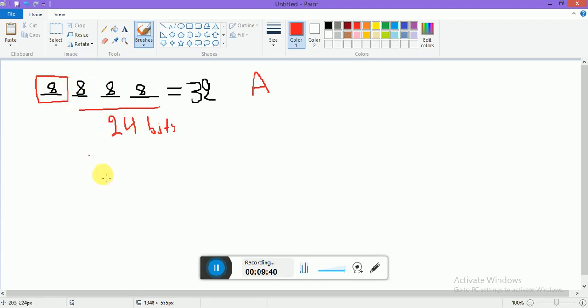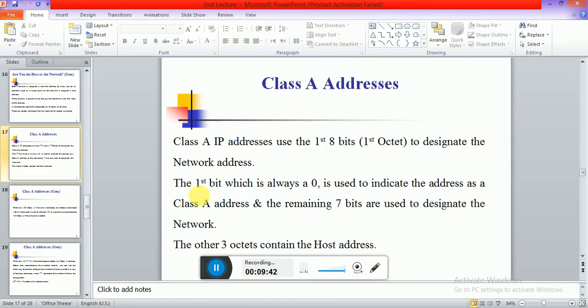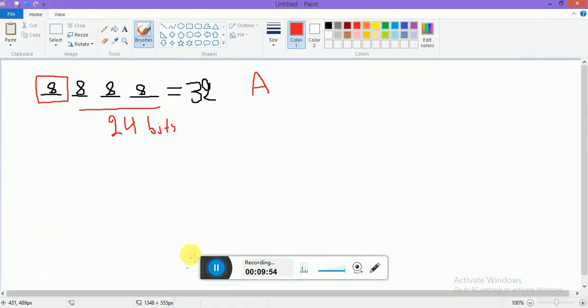Okay, now it says here that the first bit, which is always 0, is used to indicate the address as a class A address, and the remaining 7 bits are used to designate the network. It is talking about this portion, in which we have a total of 8 bits: first, second, third, fourth, fifth, sixth, seventh, eighth.